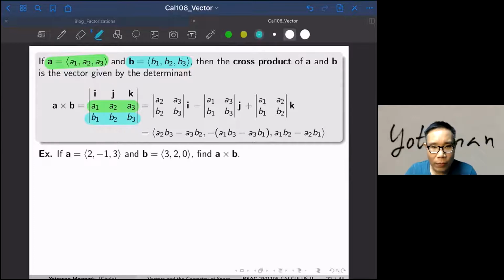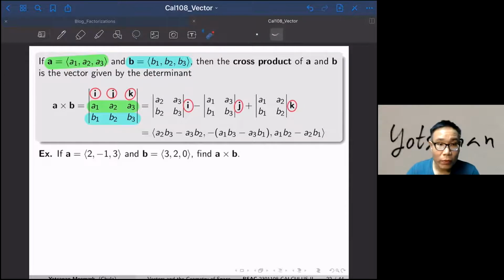And you're going to compute this determinant. You're going to have the term multiplied with i, the term multiplied with j, and the term multiplied with k.